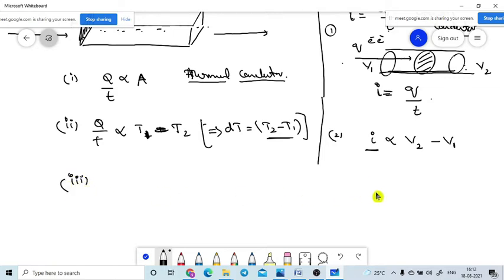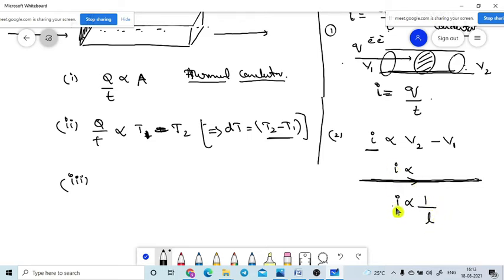The electric current passing through the conductor, you are already very familiar: if the length of the conductor is bigger, then the current decreases. That means I is inversely proportional to the length of the conductor.